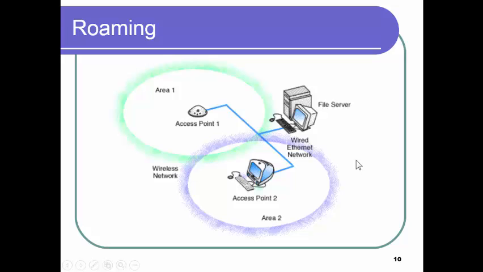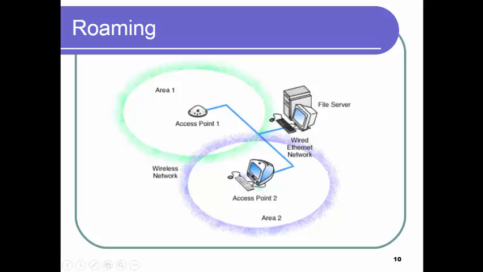Like in a mobile cellular system, if the mobile device is changing its location, moving from one area to another area or from one cellular network to another cellular network, at that time a roaming kind of procedure is observed. In wireless LAN also, the roaming feature is observed, where the mobile station is moving from one building to another building.